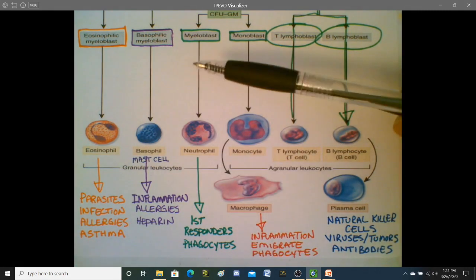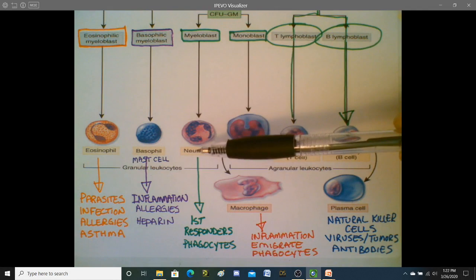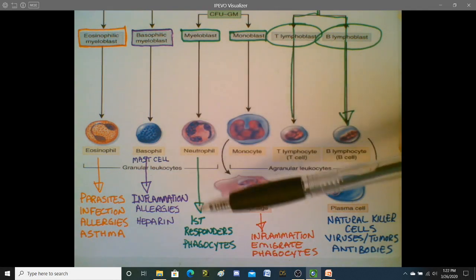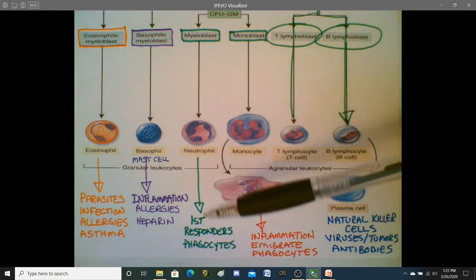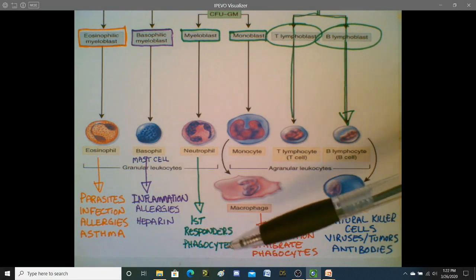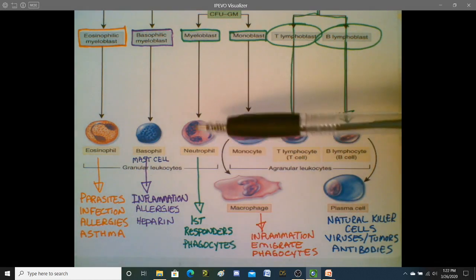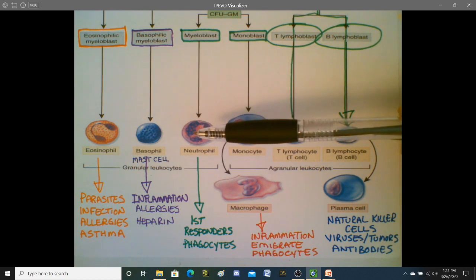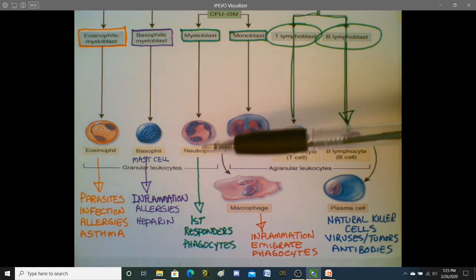All right. Our next cell is the neutrophil. Neutrophils are pretty cool because they are the first responders. They are going to undergo phagocytosis and eat foreign invaders. I like to think of the neutrophils as the Marines. So they are the first to arrive.